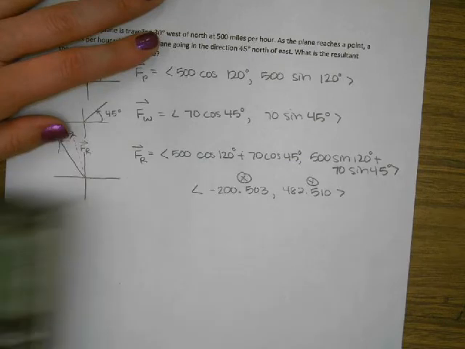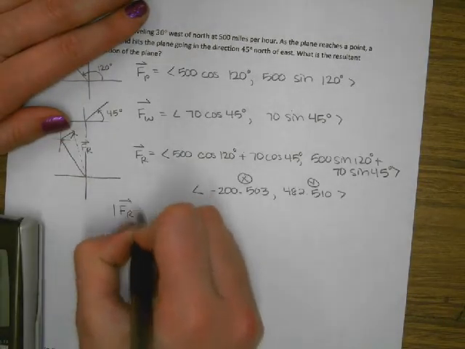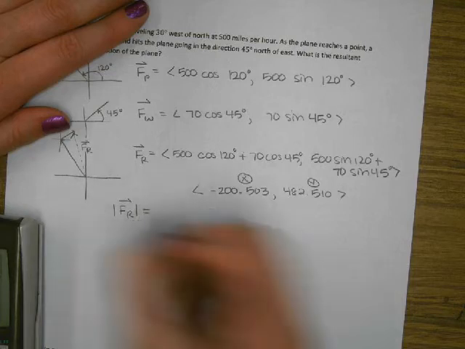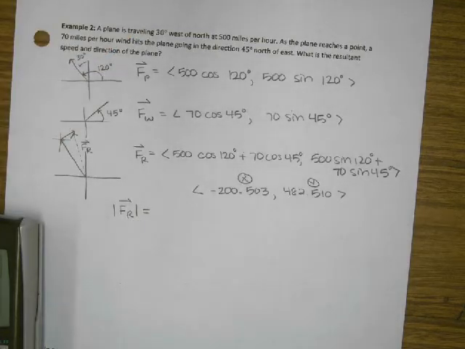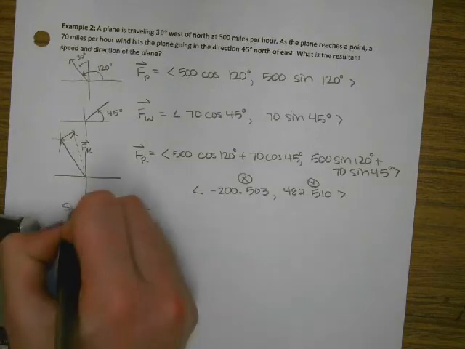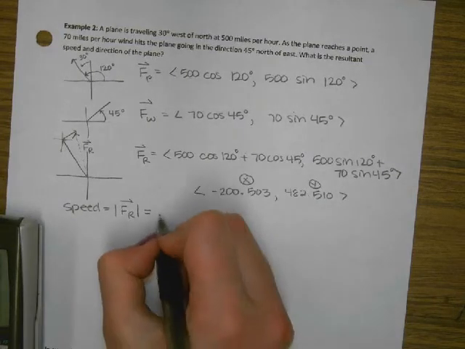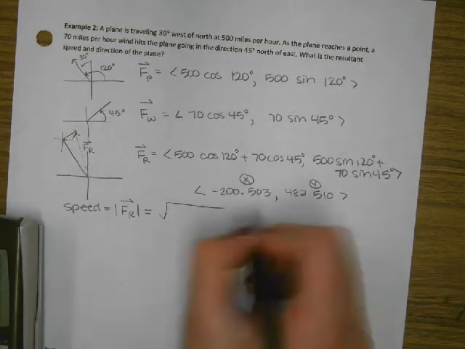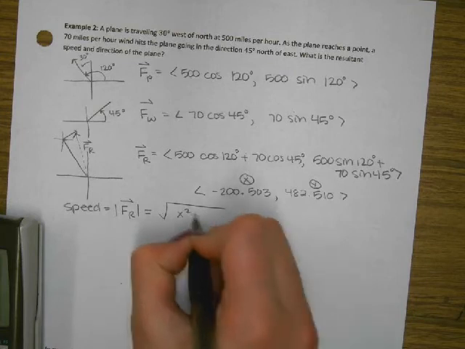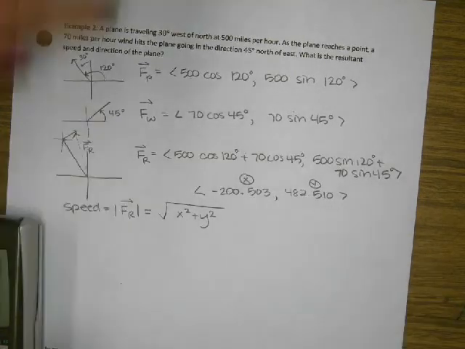Okay, so now if I want to find the magnitude of my plane with the wind combined, that's my speed. So I'm going to say that's the square root, and you can write the decimals or you can just write x and y. I'm going to say square root of x squared plus y squared, knowing that I'm using these decimals for that.